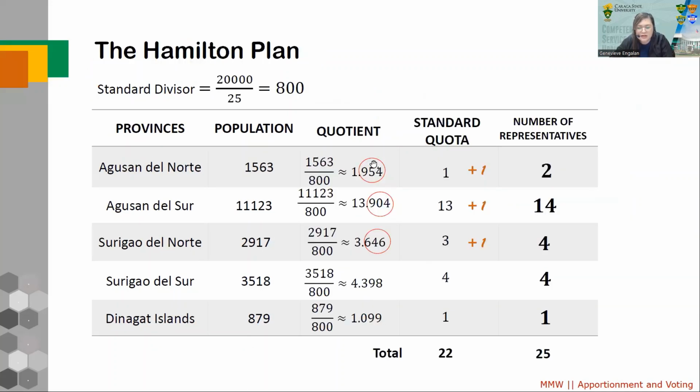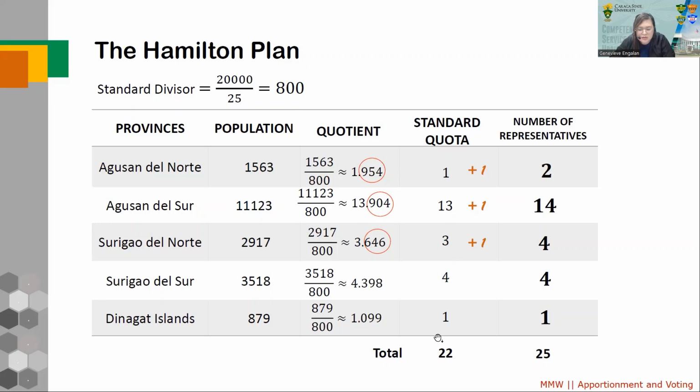Using the standard divisor, you have 20,000 divided by 25. That's 800. We divide the populations by the standard divisor, so we have 1,563 divided by 800. What's the answer? Then the standard quota is the whole number part. So we have 1, 13, 3, 4, and 1.